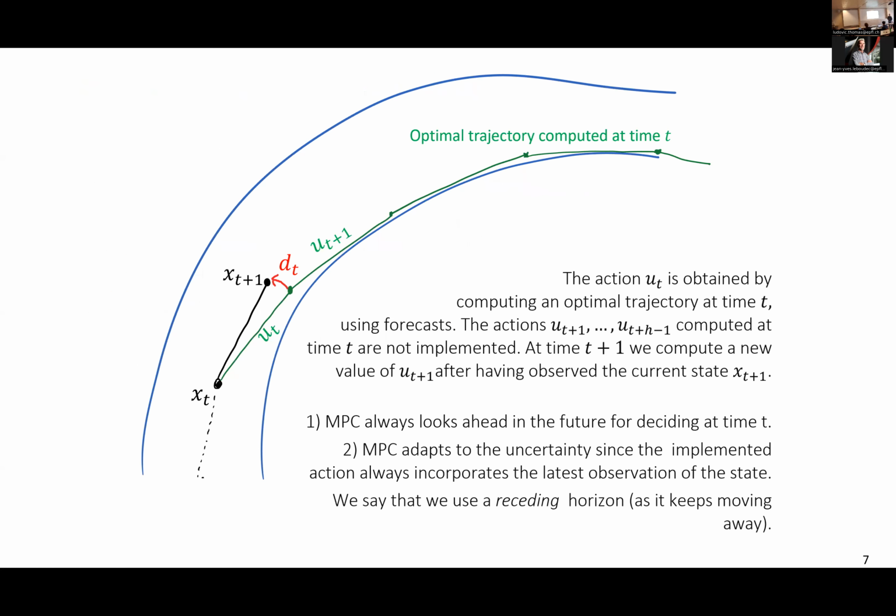Here's an illustration of how MPC is used for an autonomous car, for example. Autonomous car driving does MPC by controlling the power, the torque on the wheels, and the directions, the angles of the wheels. Do we brake or do we accelerate, and how do we turn the wheels?